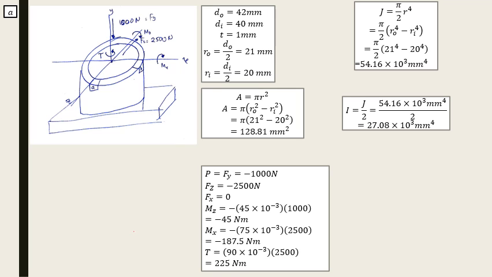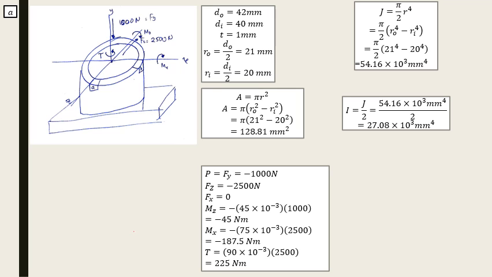Fy is going down, which is minus 1000 Newton, and Fz is also directed to the negative z, so Fz will become minus 2500 Newton.